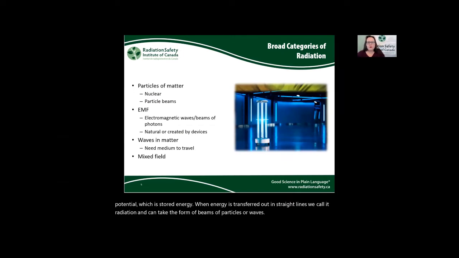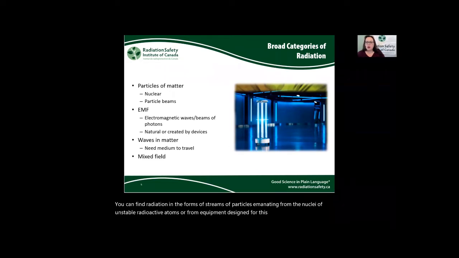For the purposes of this webinar, we are going to group radiation into broad categories. Energy can be radiated away from a source, either through the movement of particles or waves. You can find radiation in the forms of streams of particles emanating from the nuclei of unstable radioactive atoms or from equipment designed for this purpose.